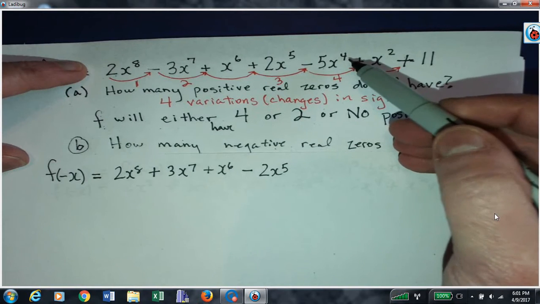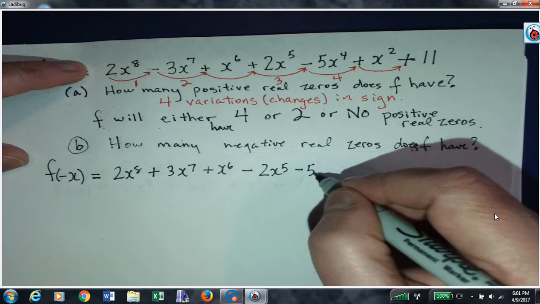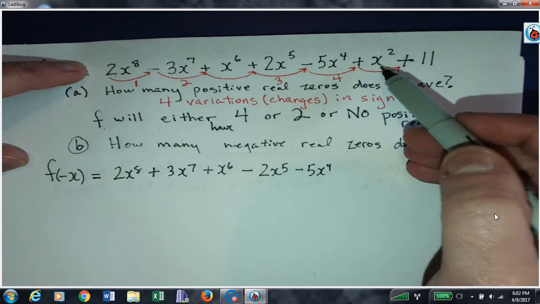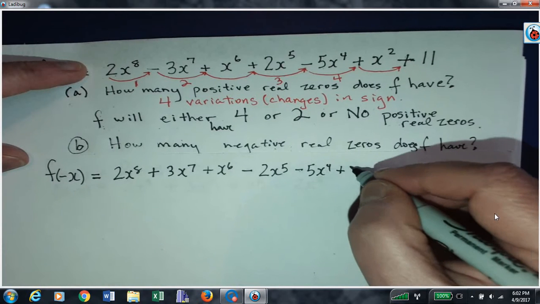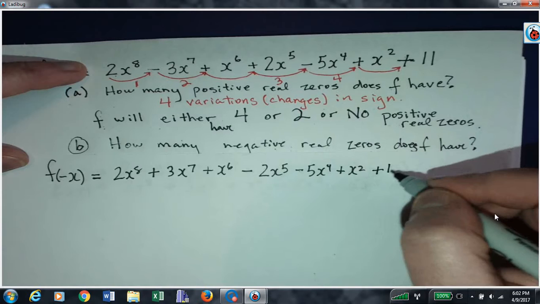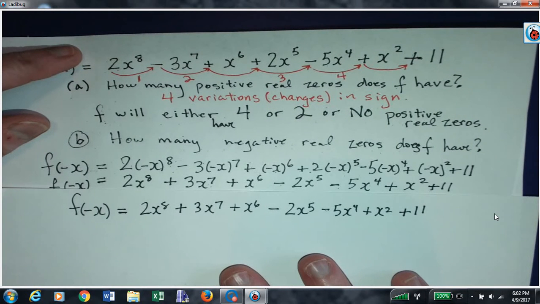The exponent is even, nothing changes. The exponent is even, nothing changes. And of course that will stay the same. And let's see if I got the same answer. I sure did. And wasn't that a lot quicker?